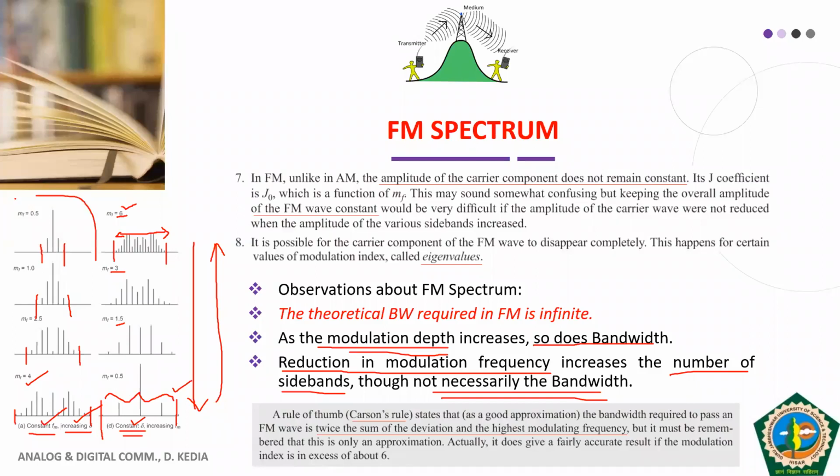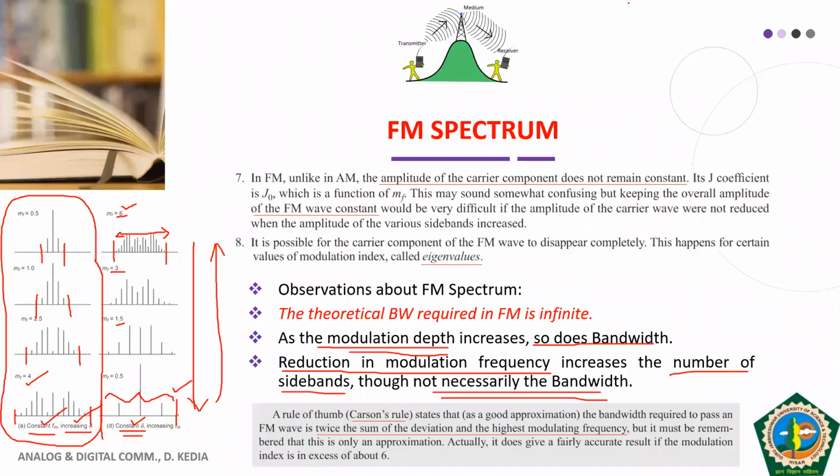Whereas in the first case, where we were increasing the value of modulation index by increasing delta and keeping FM constant, there your bandwidth was also increased. So this was a very, very important point that you need to understand if you want to understand the spectrum of frequency modulation. I hope all of you have understood this thing. Fine.